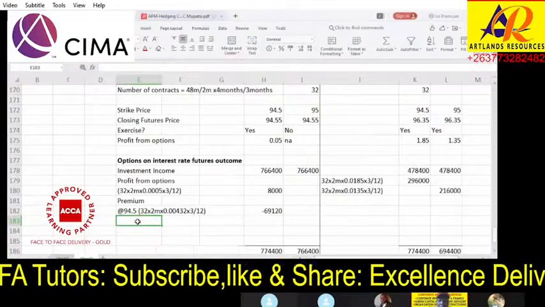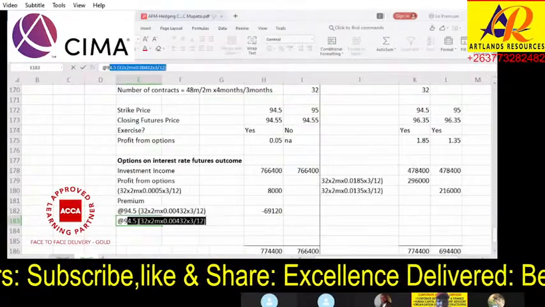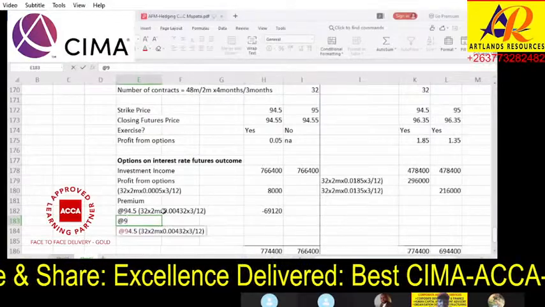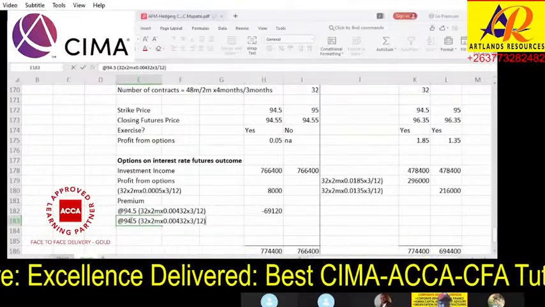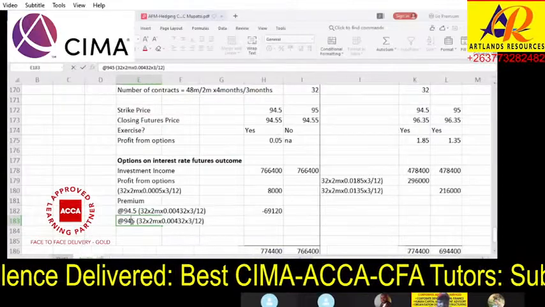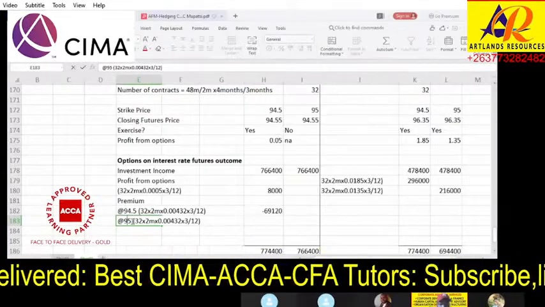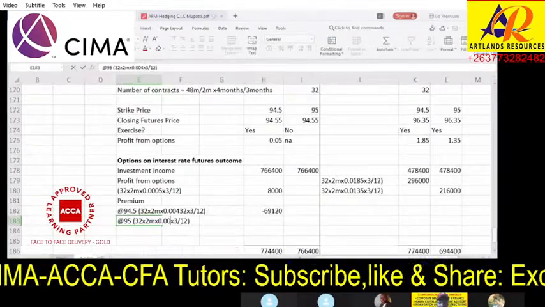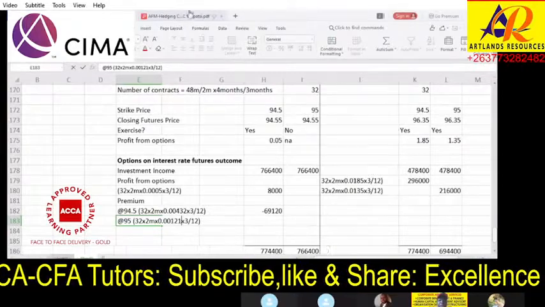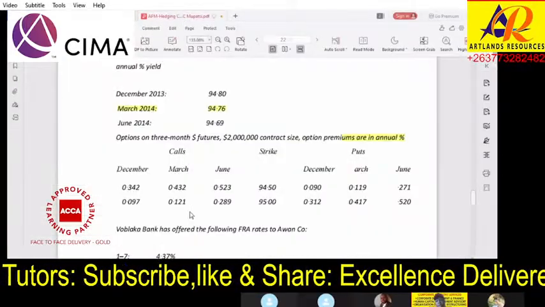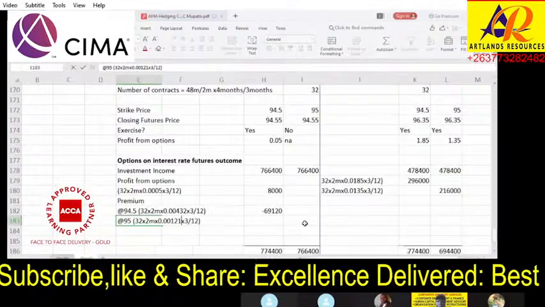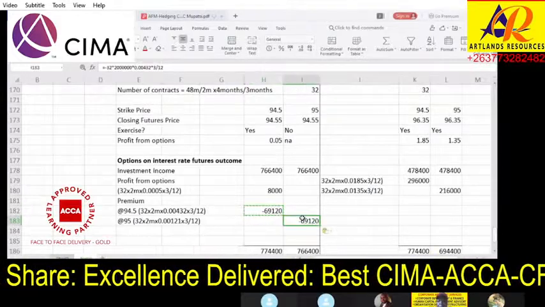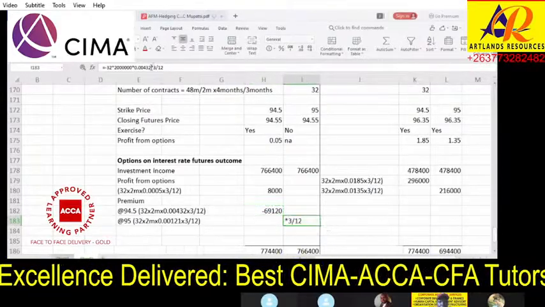Then you say at 94.895, what is the premium? You can do it like this and say 895, 32 times 0.121 here. Because at 895 the premium is 0.121. So I can equally copy here, bring it here and paste, and then just say 0.121 here.